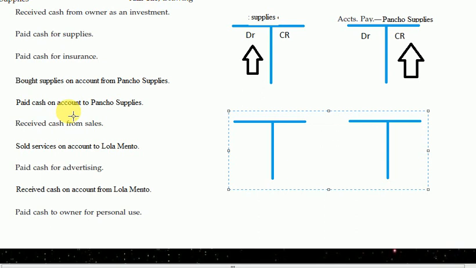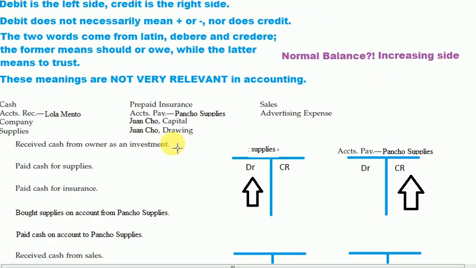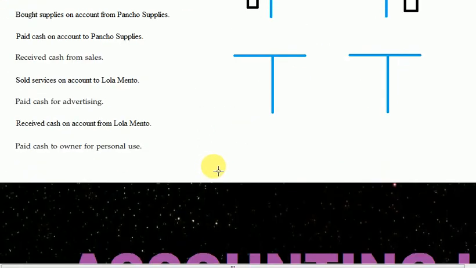You are reducing your liability, your debt, to whom? To Punctual Supply, right? So we're going to copy Punctual Supply. That's definitely one of the accounts involved. And what's the other account that's involved? Cash. Cash is also involved in this transaction of paying your liability. I'm going to put cash here.